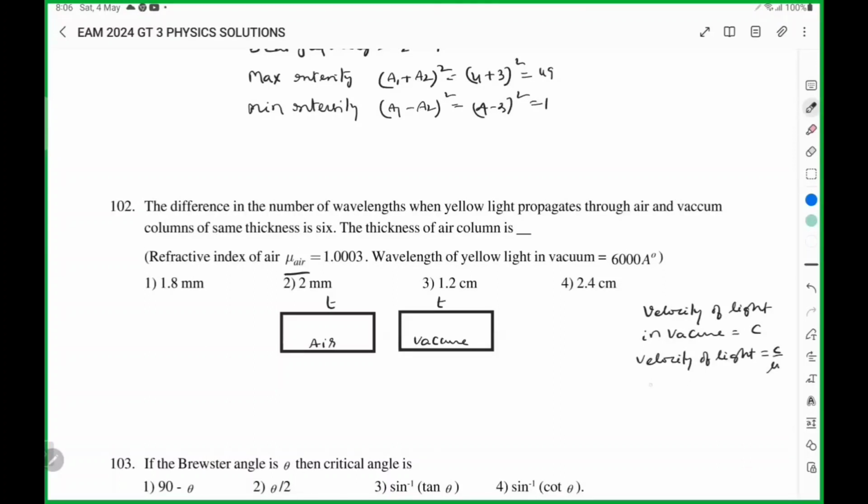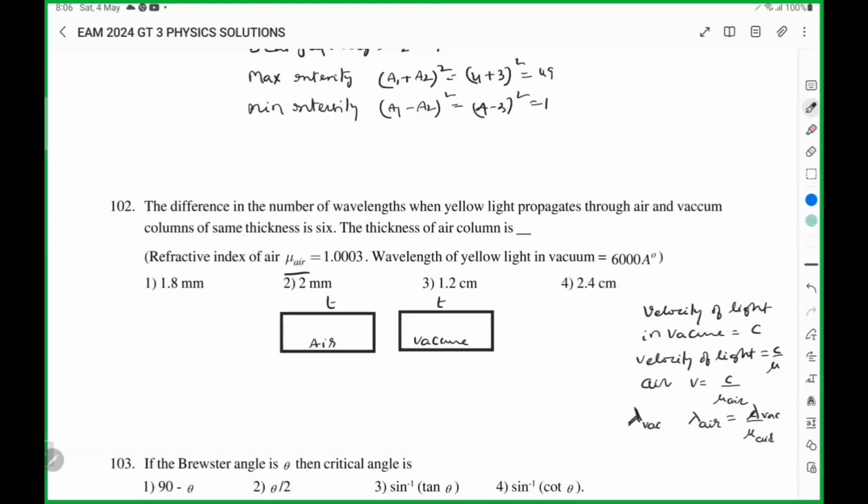Similarly, the wavelength of the wave in air is the wavelength in vacuum divided by the refractive index of air.